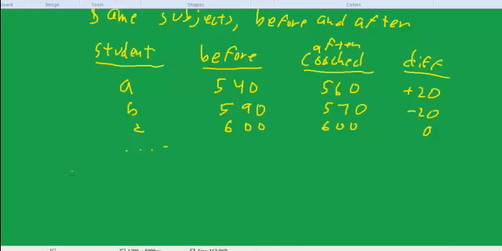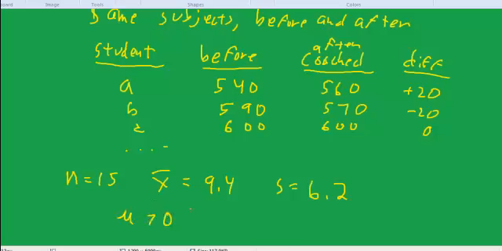So let's say we have 15 students, and the average difference, which we'll call x bar, is 9.4, and the standard deviation of this column of numbers is 6.2.